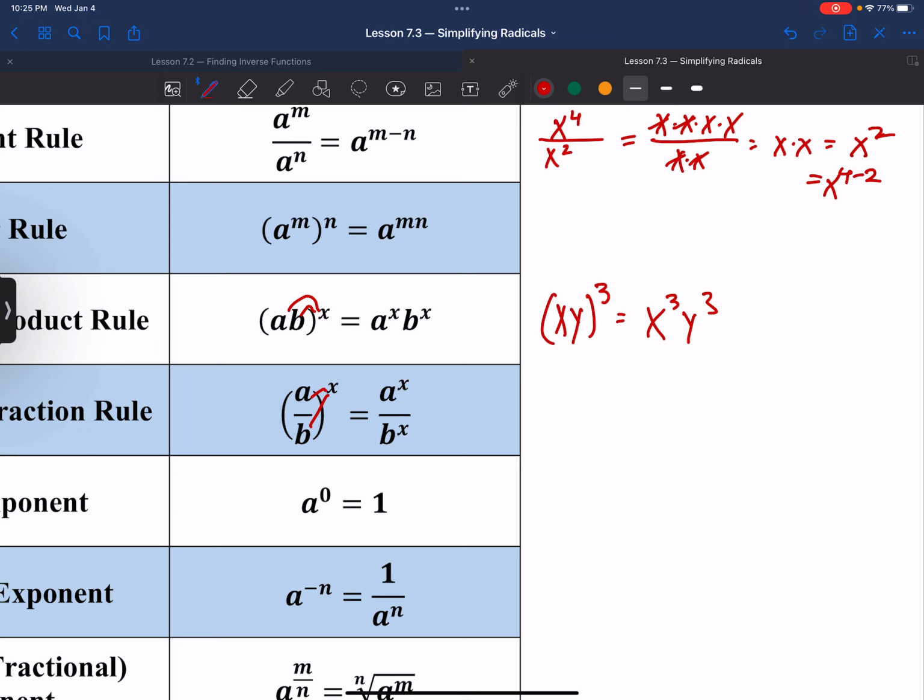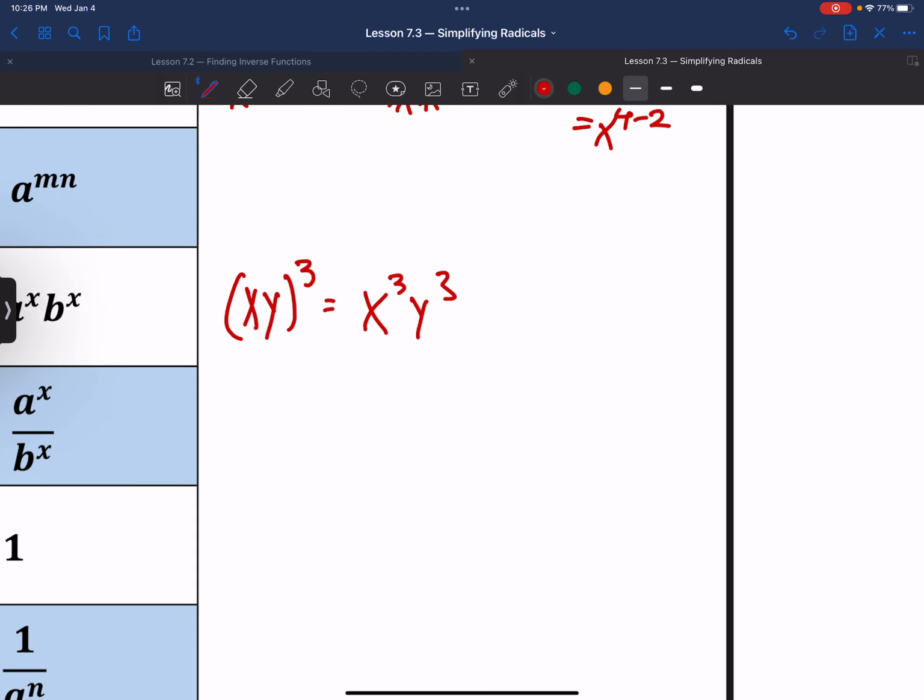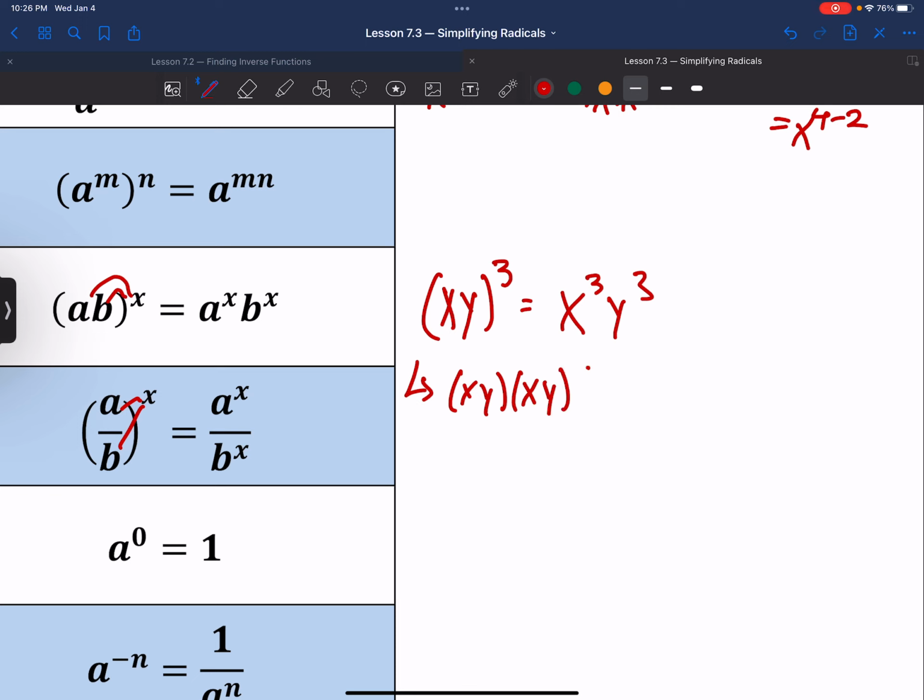And this is just a very basic property of multiplication. Why is this true? Well, xy to the power of 3 is xy times xy times xy, which you could think of as x times x times x and y times y times y, which of course is x cubed, y cubed. It's essentially just the commutative property of multiplication expanded out and then reordered. And that's all it is.